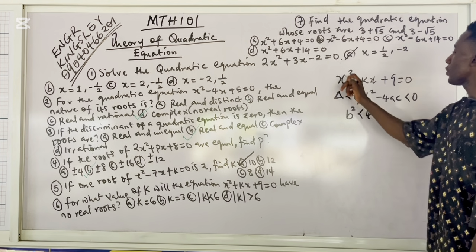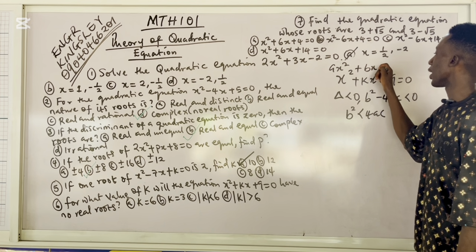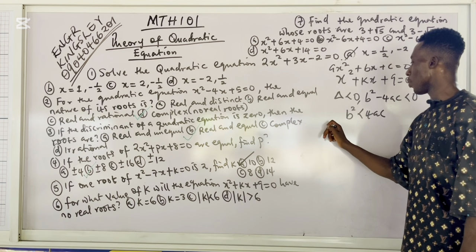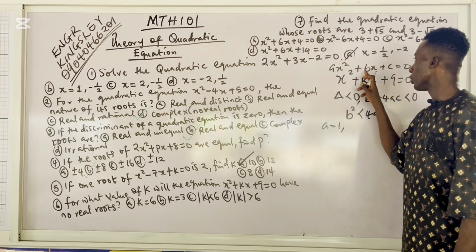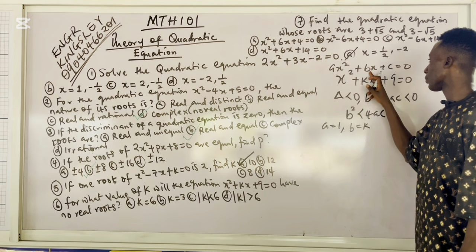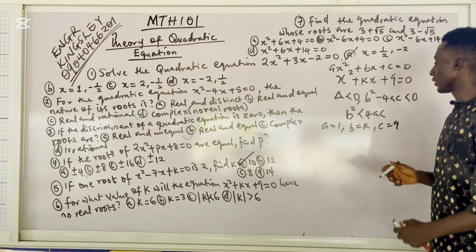Putting the original quadratic equation form here, you have that a here is 1, b here is k, and c here is 9.